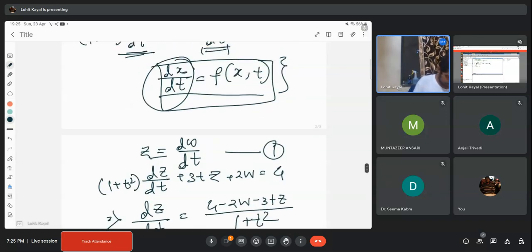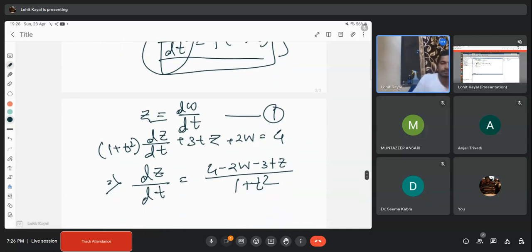In order to do that, let us define a function separately. dx dt equal to function live session of t comma x.